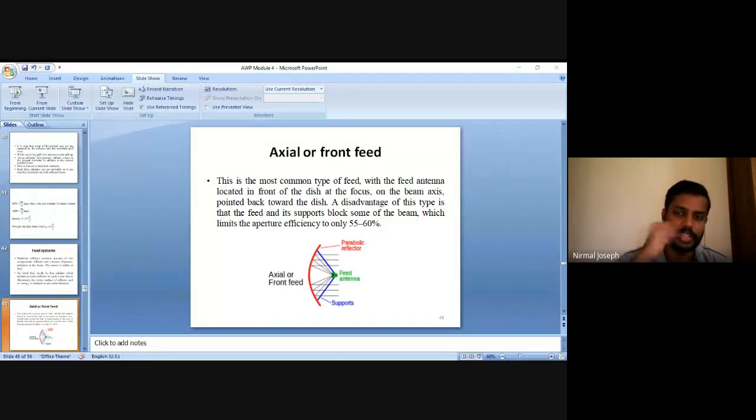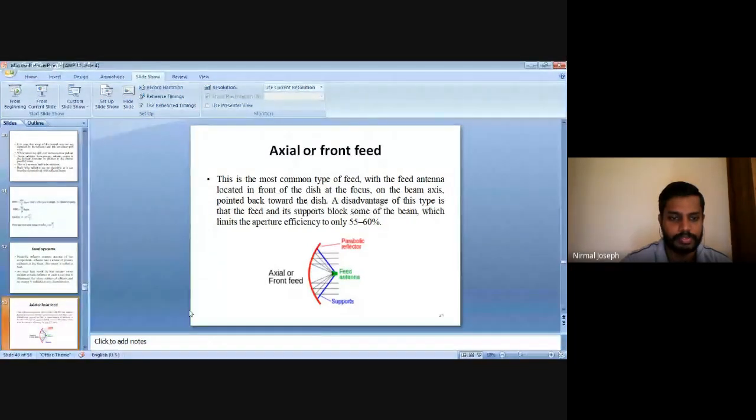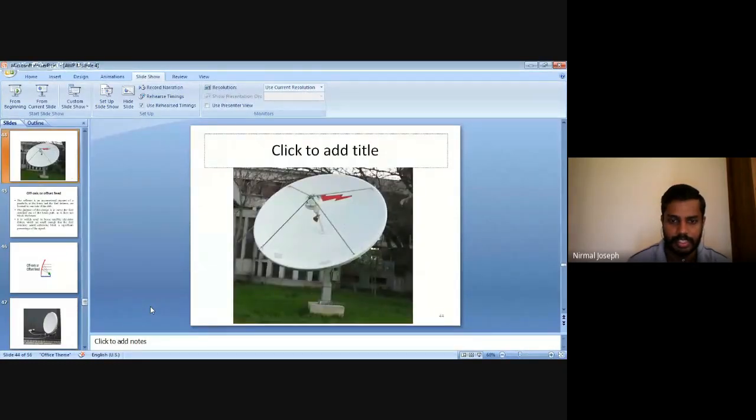When satellite communication started, all of the houses used to have these dish antennas, and those dish antennas were making use of this type of feed. If you remember, I will show you one example for that. See, this type of antenna. Have you seen this type of antenna anywhere?